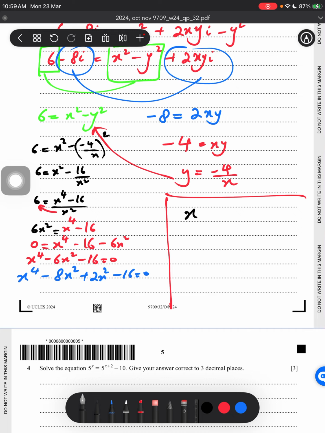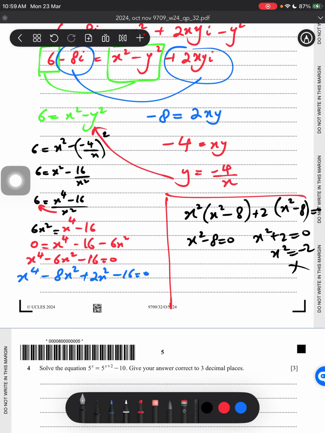So you can take x square as common, you'll get x square minus 8, and from the other side you can also get 2 as common. This will be x square minus 8 equals 0. So you'll have two factors. One equals to 0 and the other equals to 0. So what we can do is that we can not take the negative one, that would be rejected, and we can take this one.